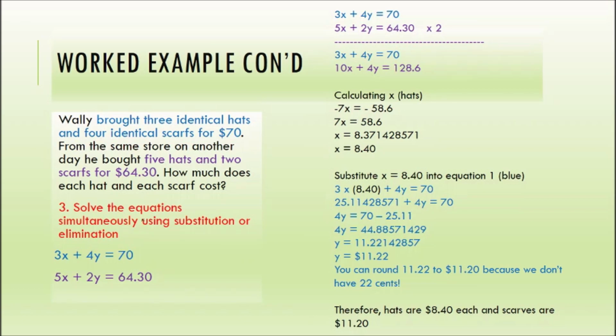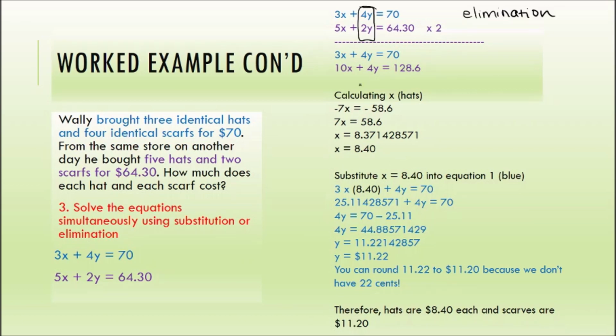Now you solve the equations simultaneously using substitution or elimination. Here I've got the equations. Now I'm going to multiply purple by 2 so that my scarves are the same. I'm going to use the elimination method for this, because I'm really comfortable with it.